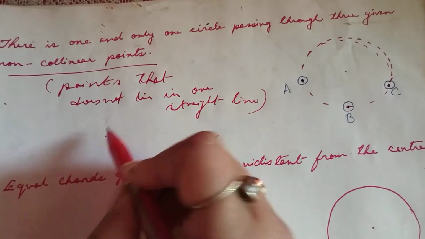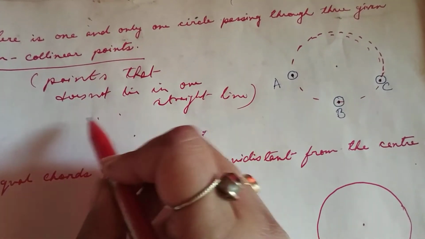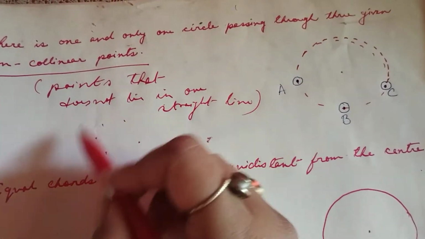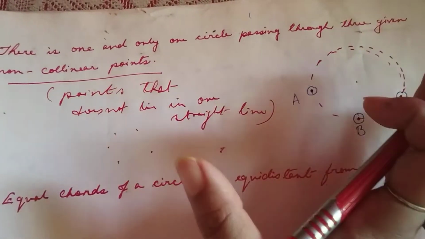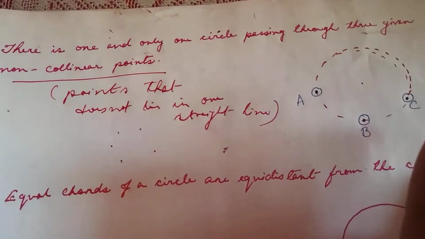That means they can be scattered like this. One or two can seem to be in one straight line, but all three of them don't lie in one straight line. So non-collinear points means those points never lie in a straight line.